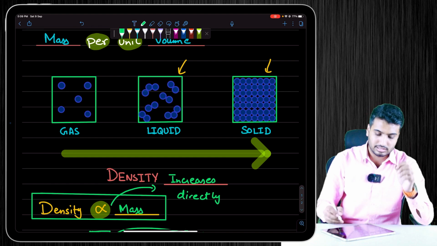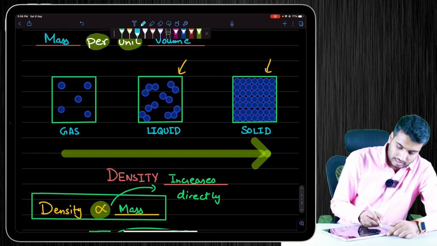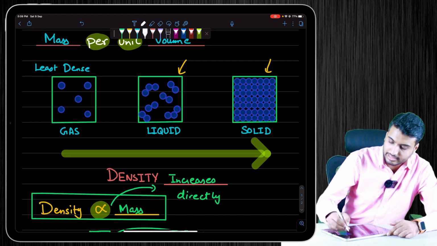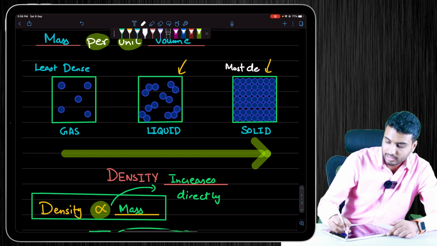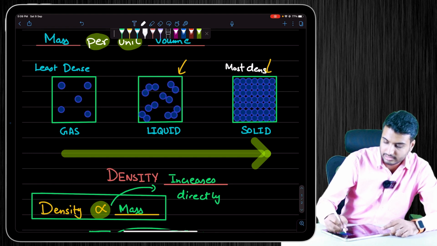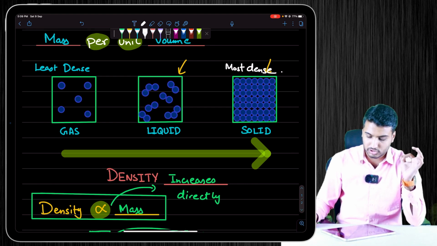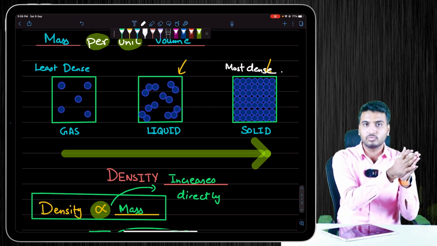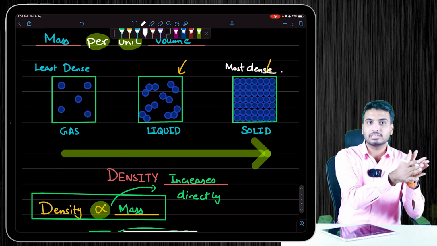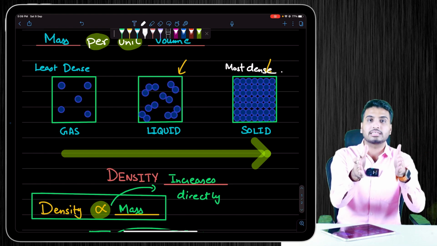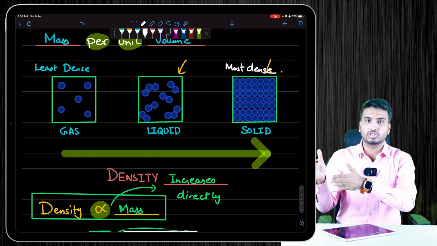Gas is least dense, whereas solid is most dense. So gas has the least density, liquid has more density as compared to the gas, and solid has the most density.